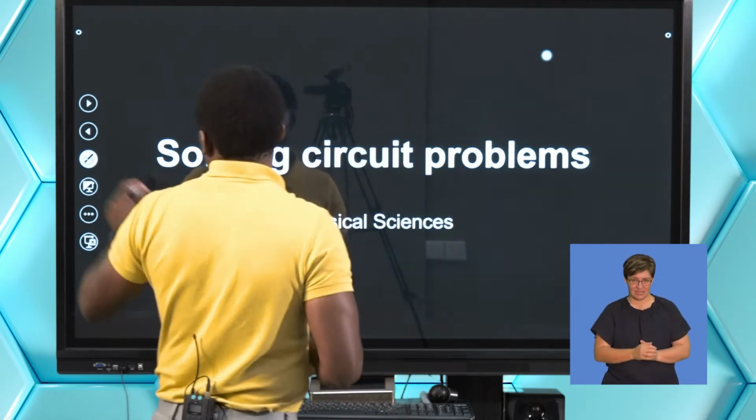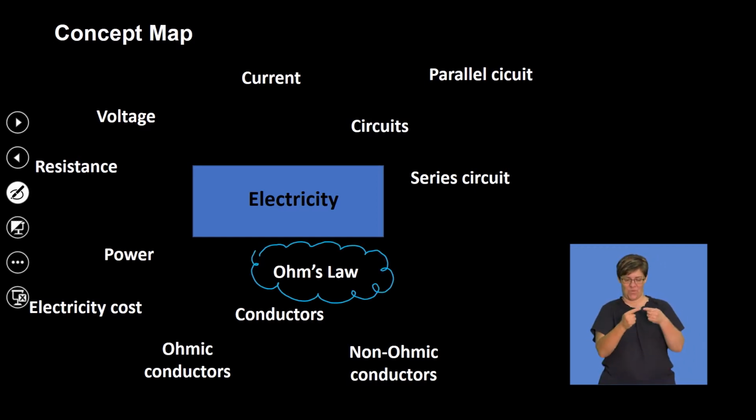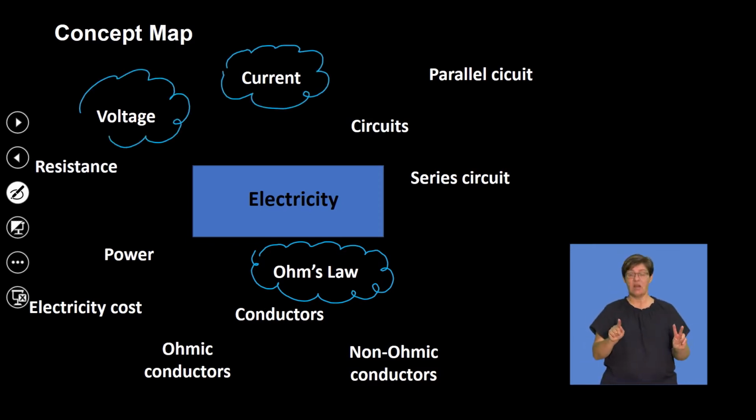Some of the concepts that I would look into or apply as far as problem solving have to do with understanding Ohm's law, which talks about the relationship that exists between current as well as voltage at constant temperature. But also remember that this is in the context of electric circuits, which can either be a parallel circuit or a series circuit.